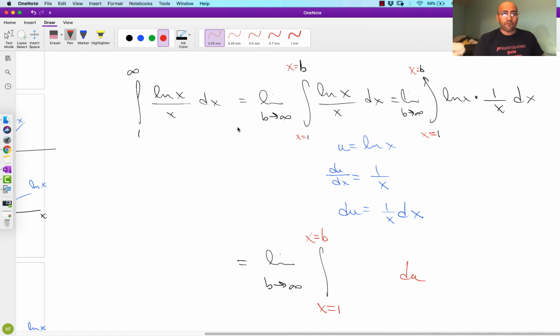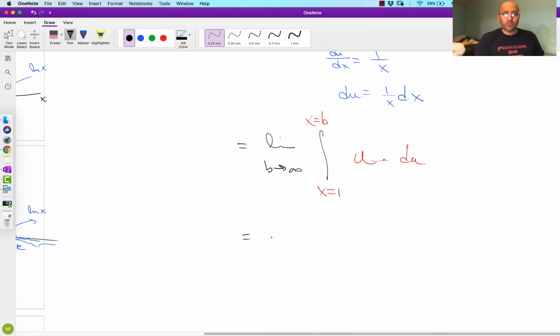Okay, so now if we're changing it to u, that means that this is going to be my u, and this entire thing is my du. So that's just going to be u times du. Luckily, that is a fantastically easy integral to solve.